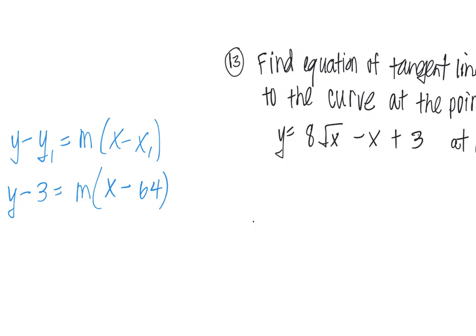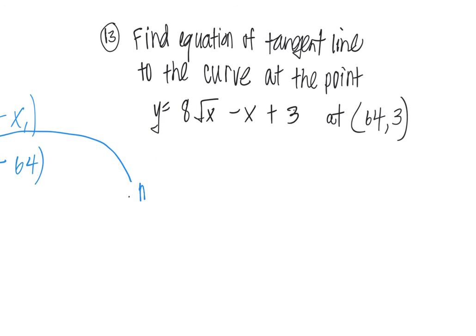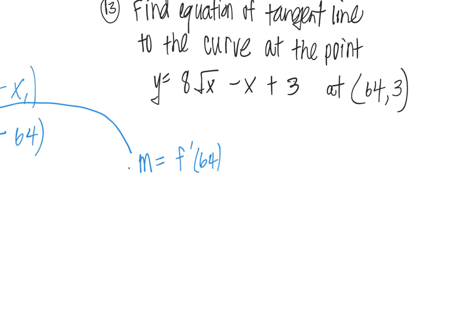So the way I get this slope right here, the slope will be the first derivative evaluated, not at 3, because 3 is the y value, but evaluated at the x value of 64. So take the derivative and plug that x value into it, and that's going to be your slope.